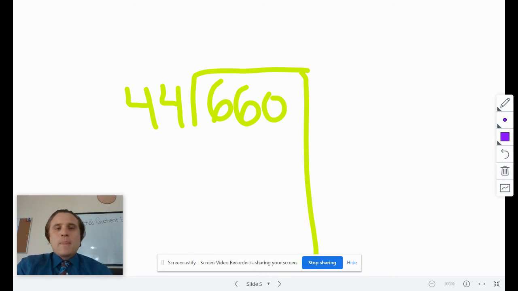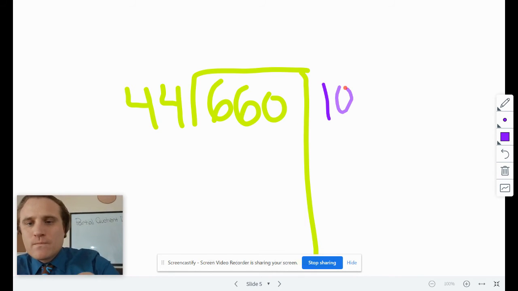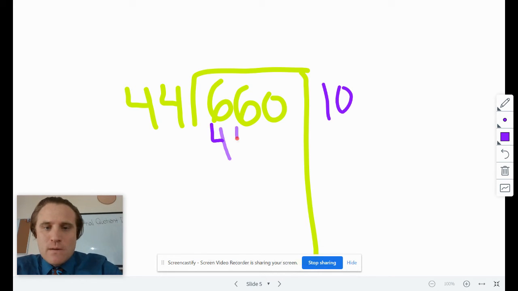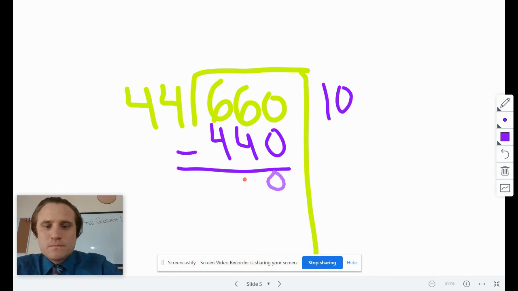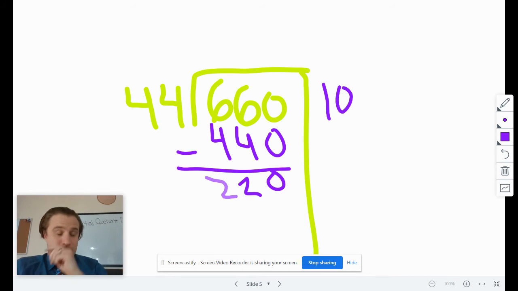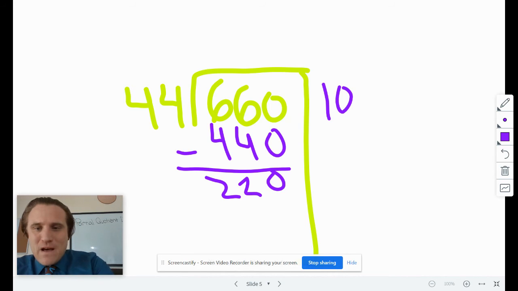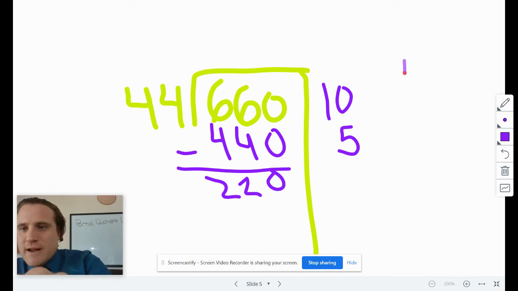A little skinnier. Let's just go straight back to the easiest things we can do. 10. Well, 10 times 44 is going to be 440. That leaves us with 220. 10's not going to work, but I see something here. 5 will work because 5 times 44, let's check.